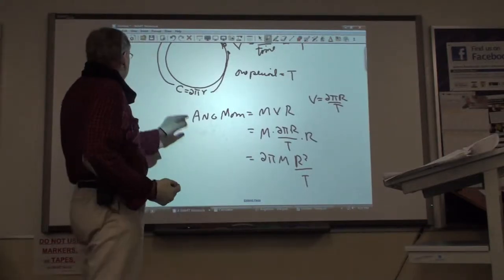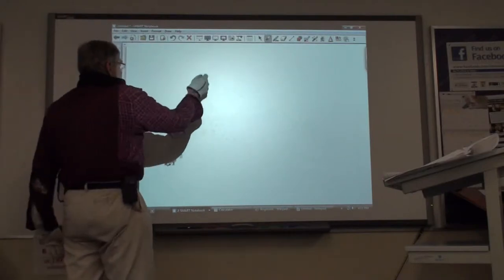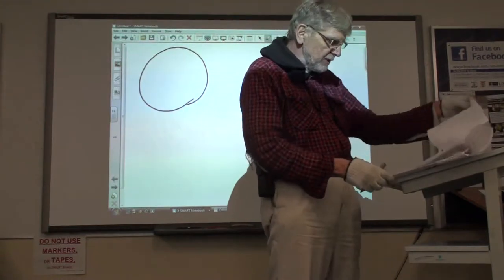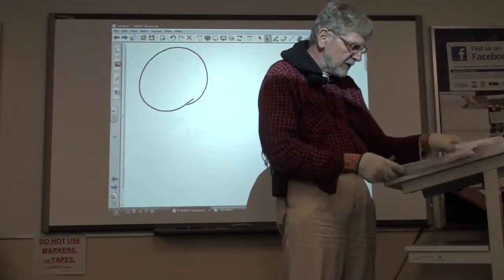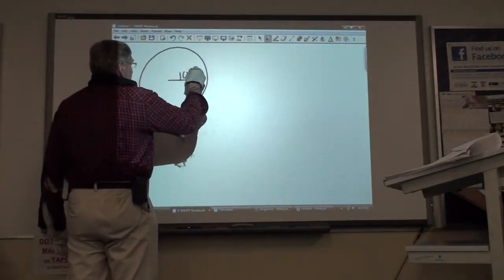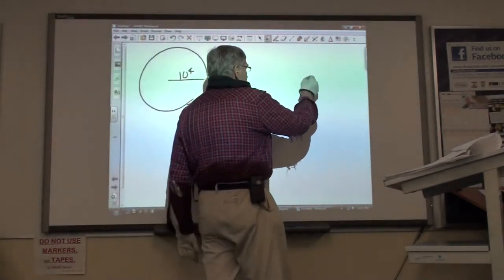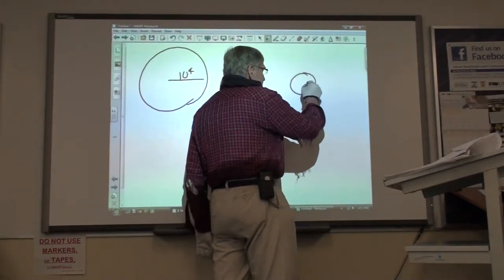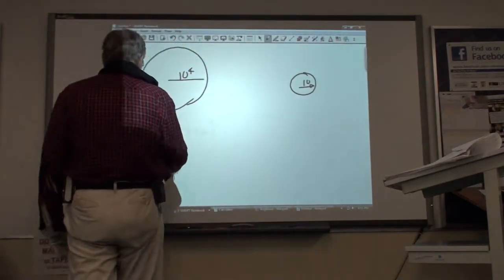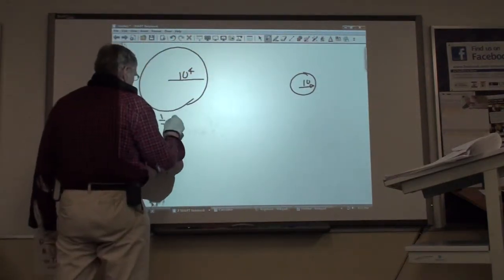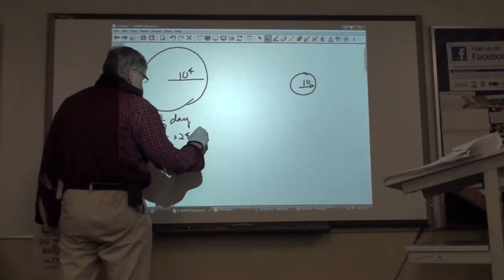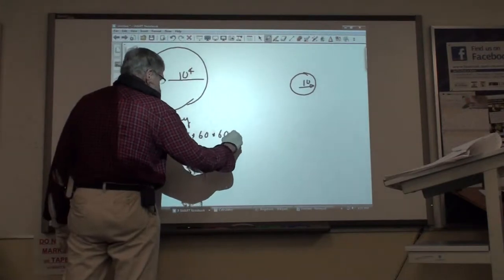And this is a conserved quantity. So if we have two objects, one of which is larger and is given to us as a core of a supernova star, and it has a radius of 10 to the 4 kilometers, and it's going to collapse into a very small object that has a radius of 10 kilometers. And the original rotation period, T, is given as 1/2 day, which is 1/2 times 24 times 60 times 60 seconds.